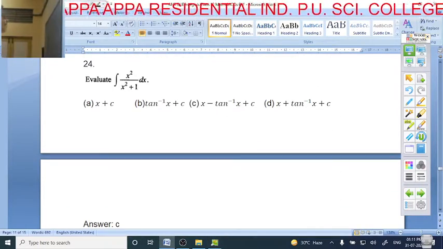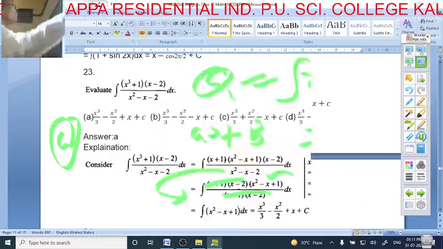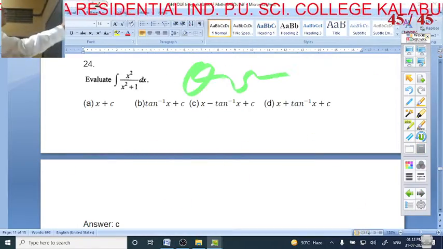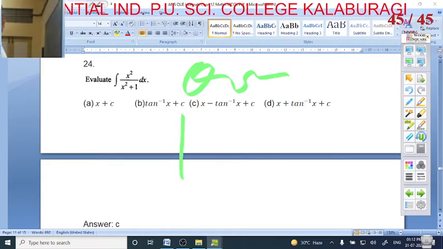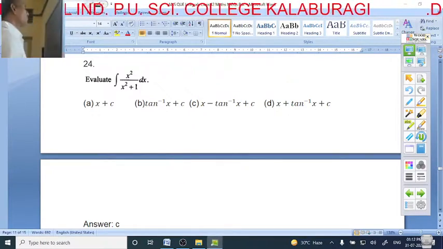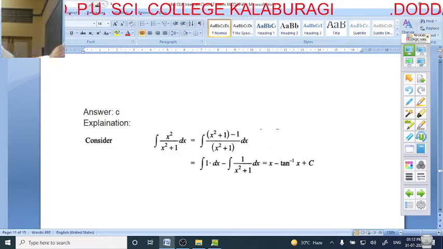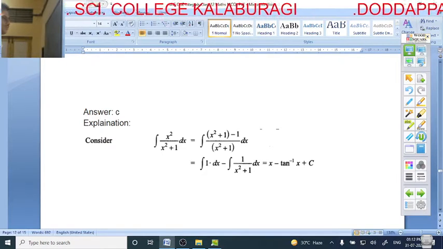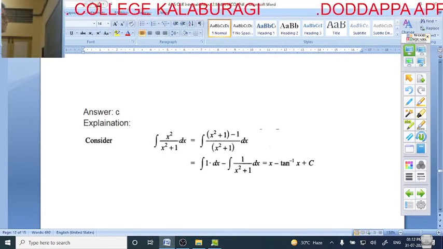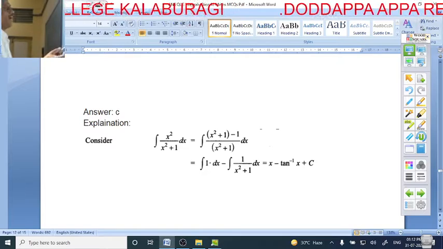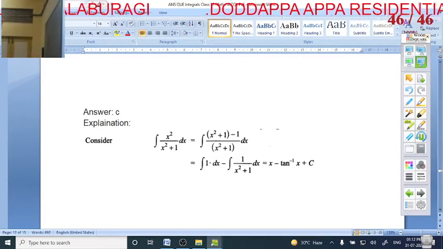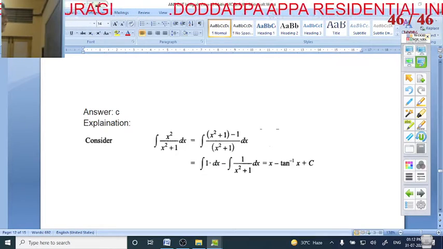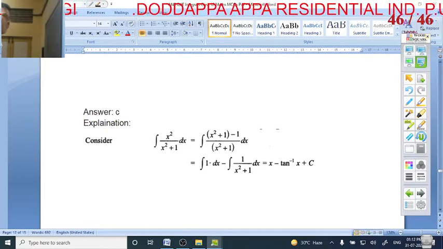Let's come to the 24th. That is also in the quotient form, and we can't integrate it directly. So, without changing the question, we transform it into the standard form by adding and subtracting 1; plus 1 and minus 1 cancel, so it remains the same.